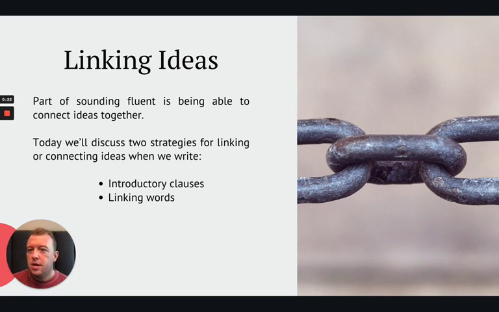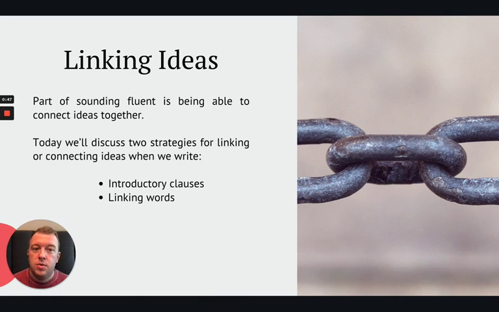So again, part of sounding fluent is being able to connect ideas together naturally. Now, when we just write one basic sentence after the next, it's going to start to sound a little bit repetitive. It's going to sound like we're just saying the same thing again and again.